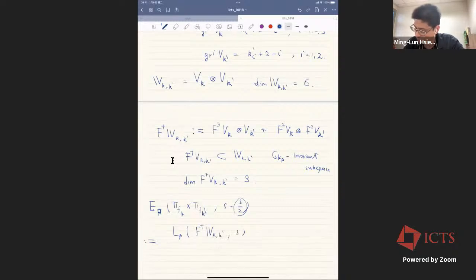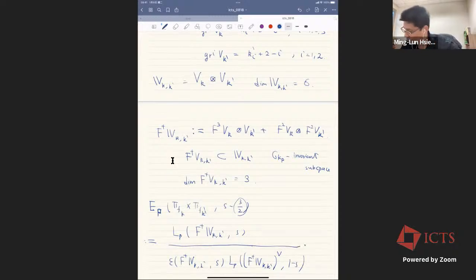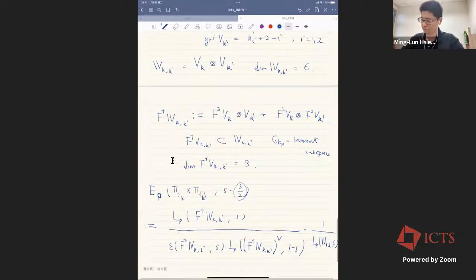epsilon, take a dual, and multiply by the local L function of these tensor product representations.